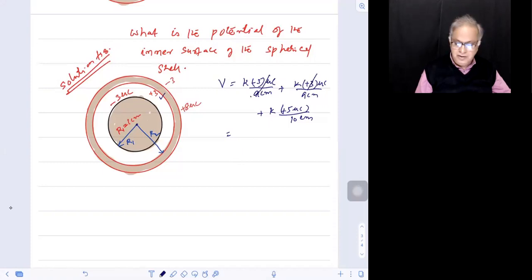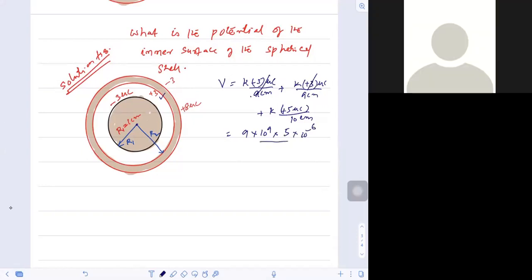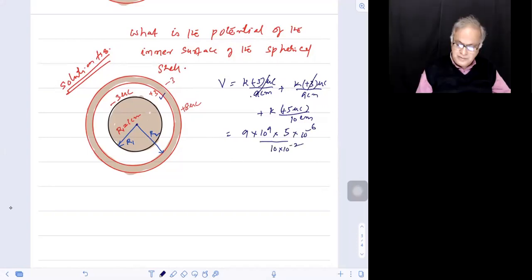If I have to write everything in proper numbers, 9 into 10 to the power 9, 5 into 10 to the power minus 6 by 10 into 10 to the power minus 2. So something is going wrong somewhere. Tell me, where did it go wrong?